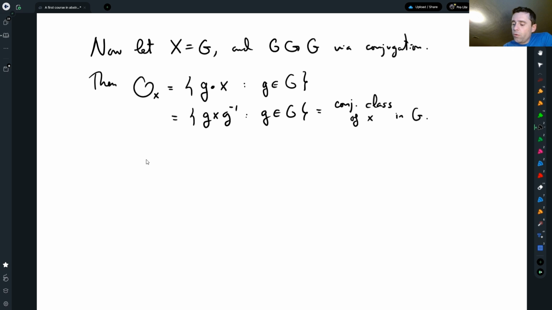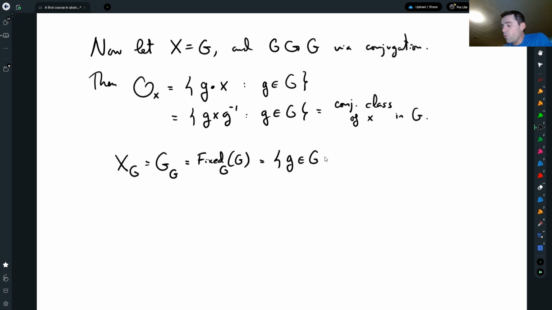Okay, what are the fixed points? What we call X sub G, in this case it's really G sub G: the fixed points in G with the action of G via conjugation. Those are points in X, which are elements of the group, such that h dot g is g for all h in G, where the action here is conjugation.